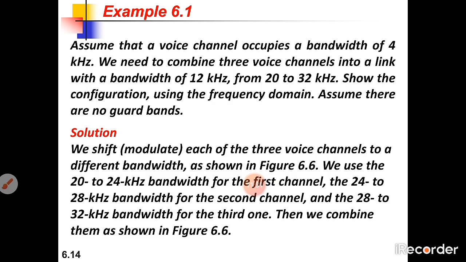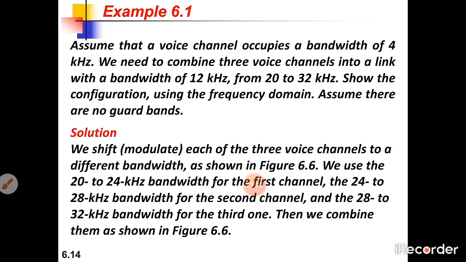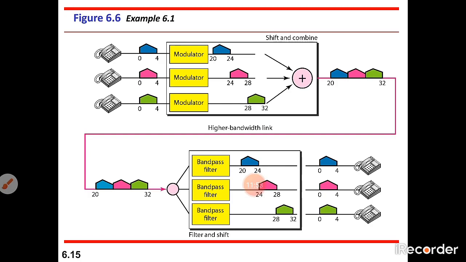By using the modulator, we need to shift each Y signal into a different frequency range. They have already given the frequency range from 20 to 32, so we need to shift those. The first channel uses 20 to 24 kilohertz for the first Y channel by using the modulator.